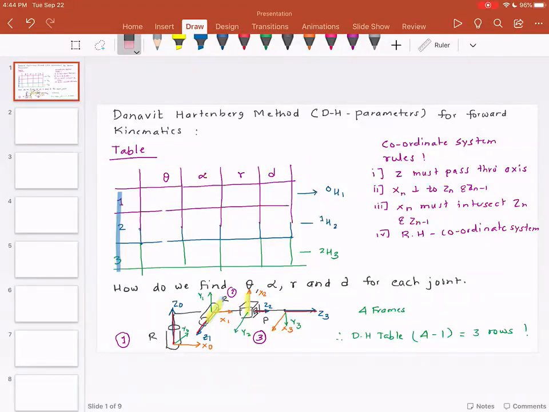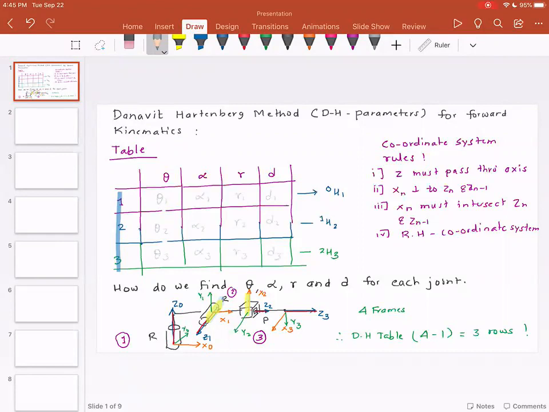So I need to fill in a total of 4 multiplied by 3, 12 elements. So I need to find out theta 1, alpha 1, R1, D1, theta 2, alpha 2, R2, D2, and theta 3, alpha 3, R3 and D3.